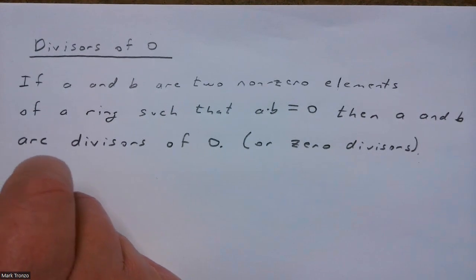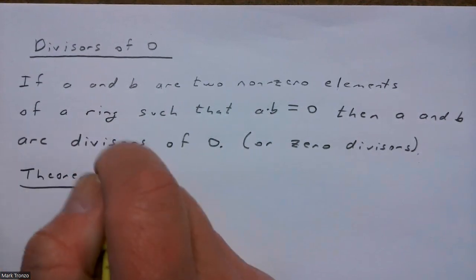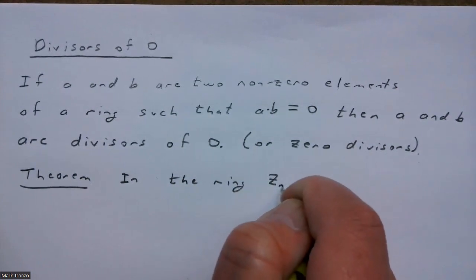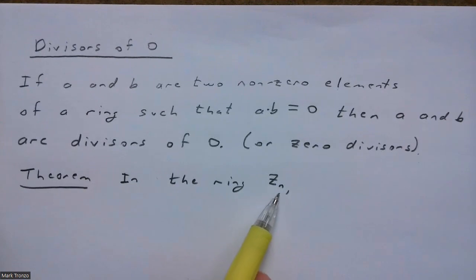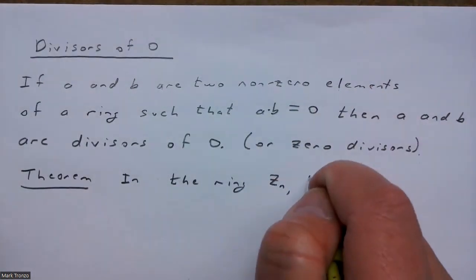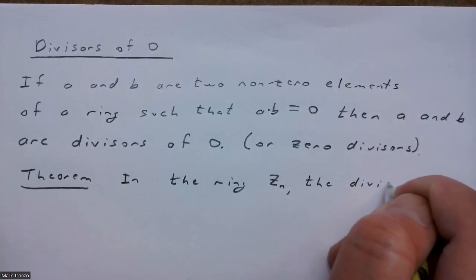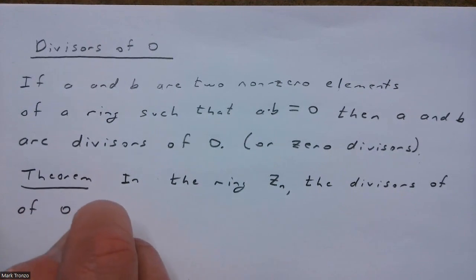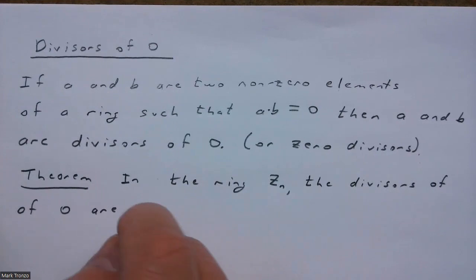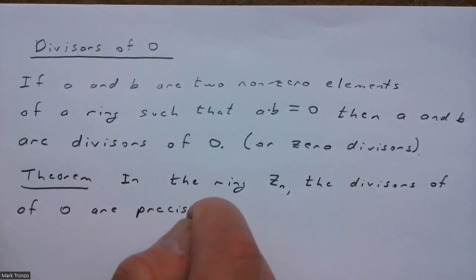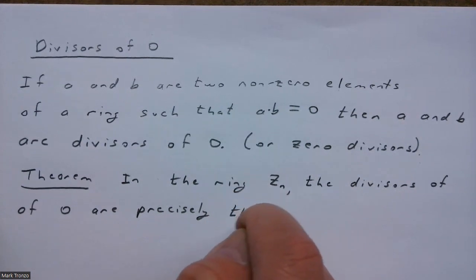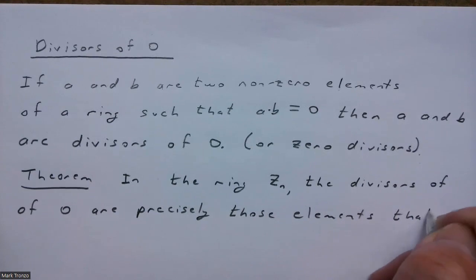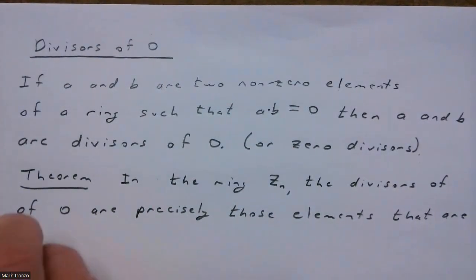And next we have a theorem. In the ring Zn, and Zn for any n is going to be a ring, the divisors of 0 are precisely those elements that are not relatively prime to n.